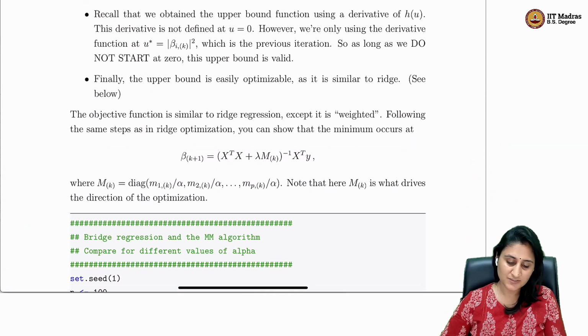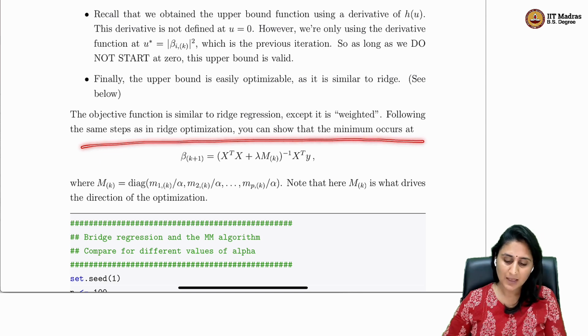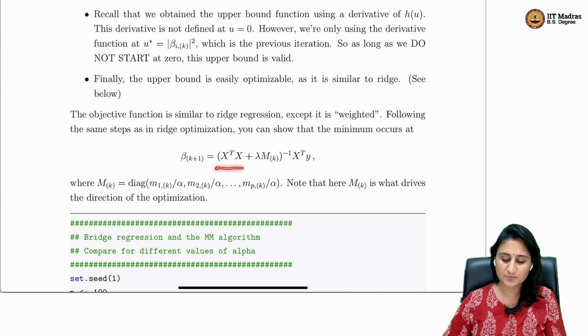So the objective function is similar to ridge regression, except that it is weighted. If you follow the same steps as in the ridge optimization, you can show that the minimum occurs at beta k plus 1 equal to x transpose x plus lambda mk inverse x transpose y, where in ridge regression, this mk thing was not there. We just had lambda.